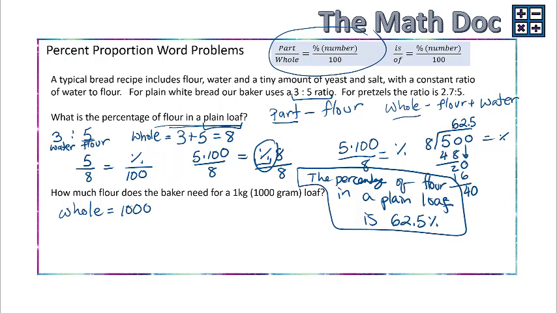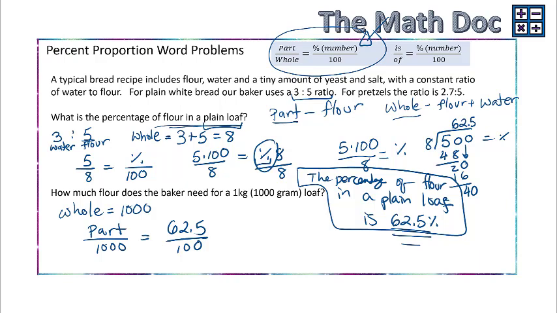We know that the percentage of flour is 62.5. So now we have how much flour, that's our part, divided by 1,000, the ratio of part to whole, equals 62.5 divided by 100. Again, we're using this formula here.